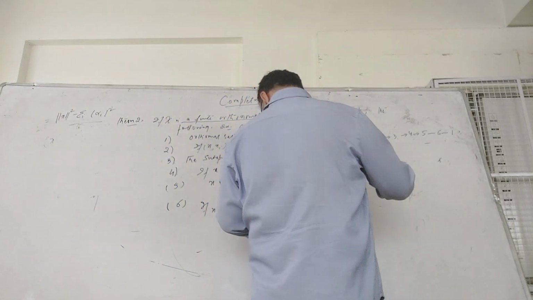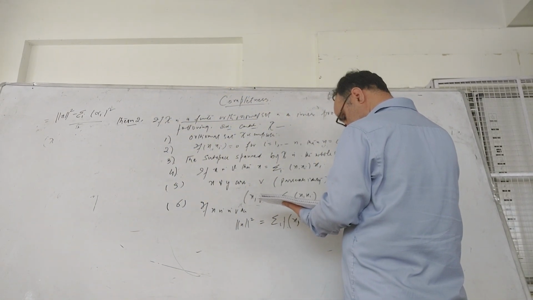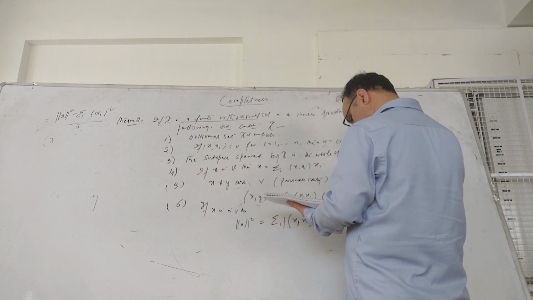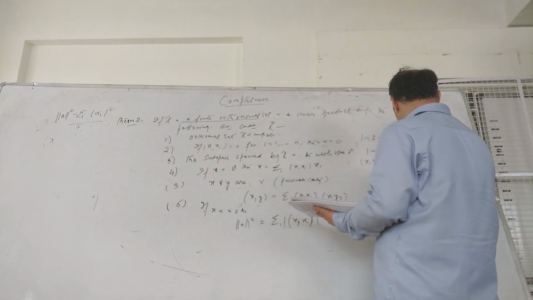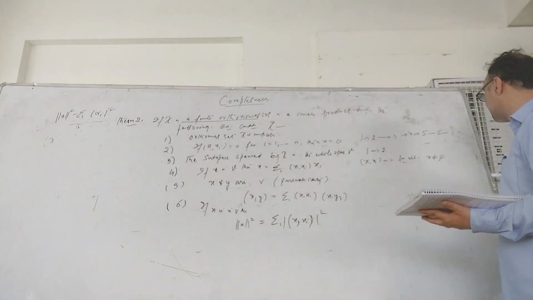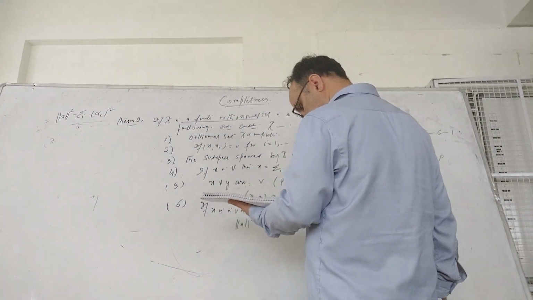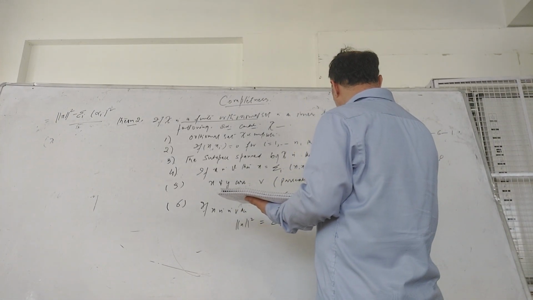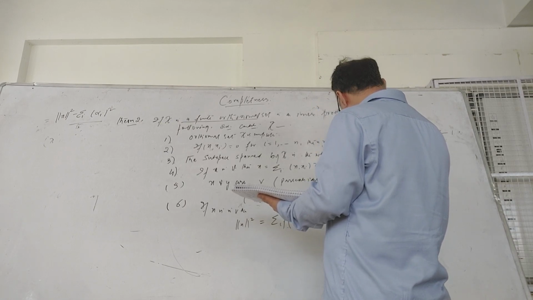So first, (x, xi) is 0 for all i, for x not equal to 0. Then we may adjoin x by modulus of x to χ.